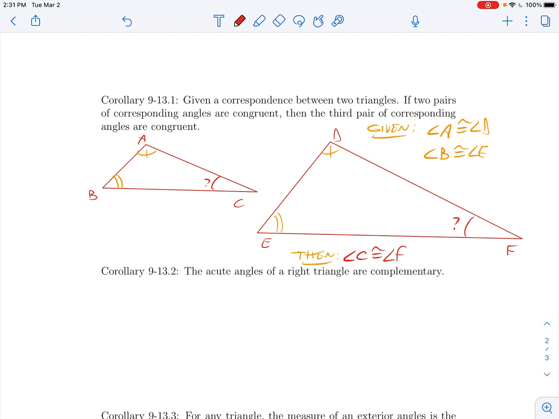And the reason is that we could calculate it. To calculate the measure of this angle, we would take 180 minus what these two are. To calculate the measure of angle F, we would take 180 minus what these two are. But they're the same. It's the same calculation. 180 minus whatever this measure is minus whatever this measure is.